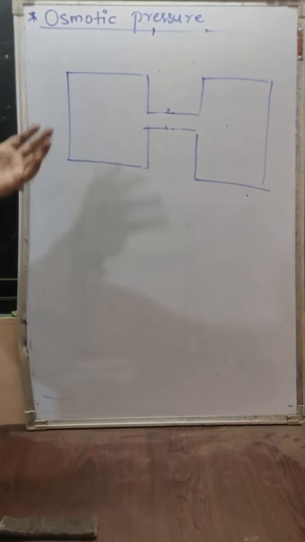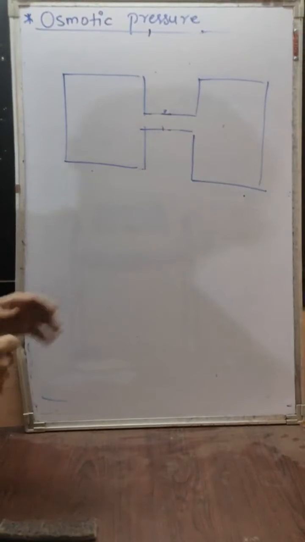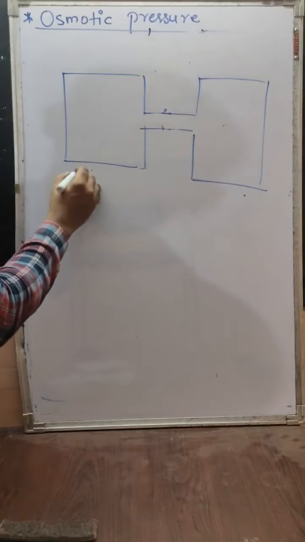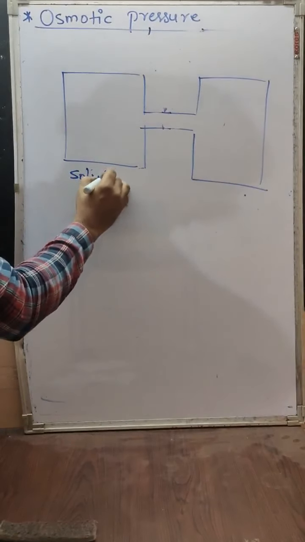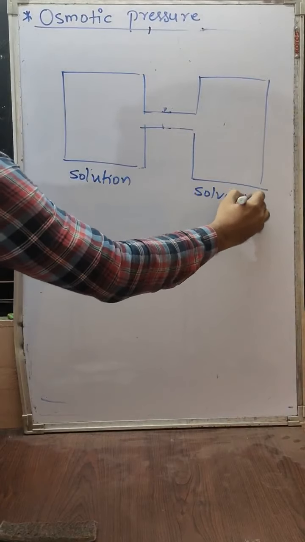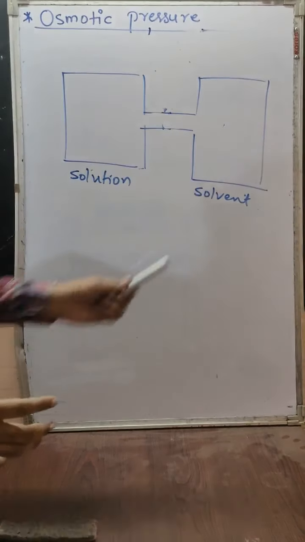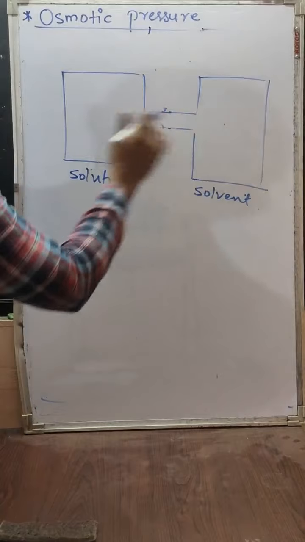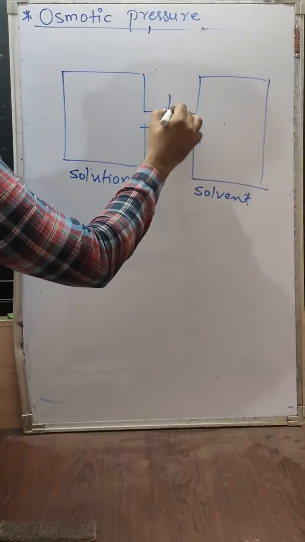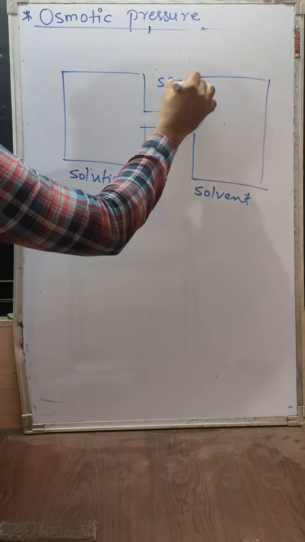Now what is meant by osmotic pressure? Here, suppose I have taken two compartments. One is a solution and the second is a solvent or pure solvent. And this is separated by a membrane, that is your semi-permeable membrane.